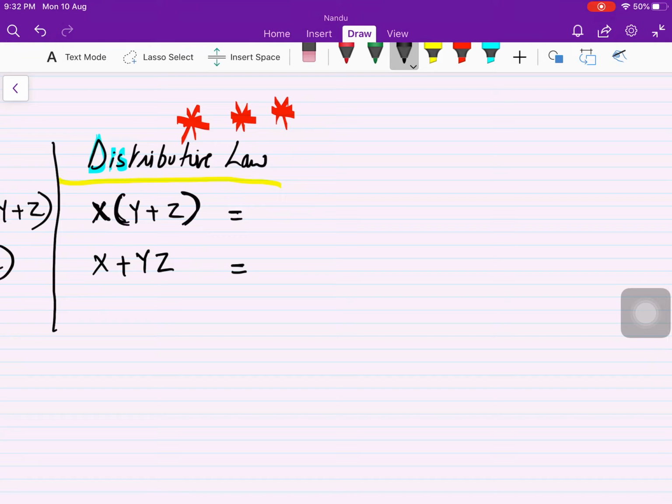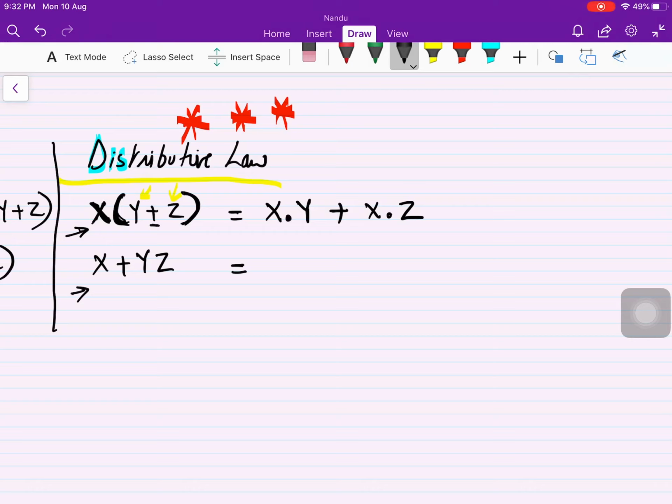So here's a trick: if x is there and then a bracket, you have to multiply x with whatever is inside. So you write x dot y, and then plus, because plus came, again x into z. This is the first one.